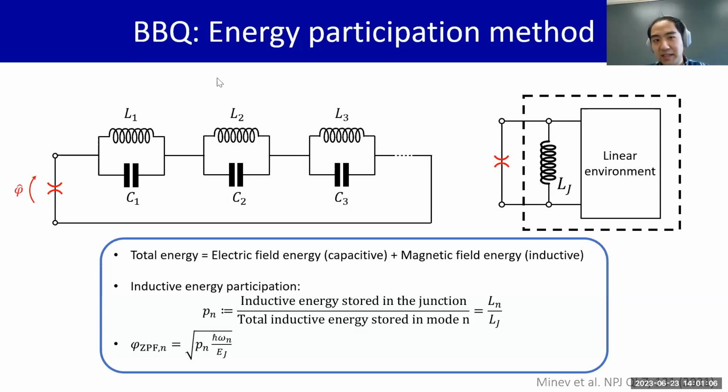And we know what that sum should be, because across the two terminals of the junction, the overall inductance or the response at DC should just be LJ, the Josephson inductance of the junction itself. And this allows us to consider the inductive energy stored in each mode, in terms of how much the junction participates in each of the modes, from the fraction of the inductance participation.